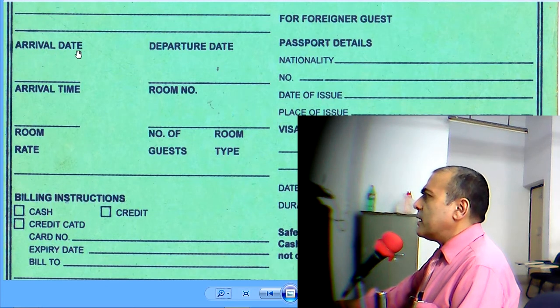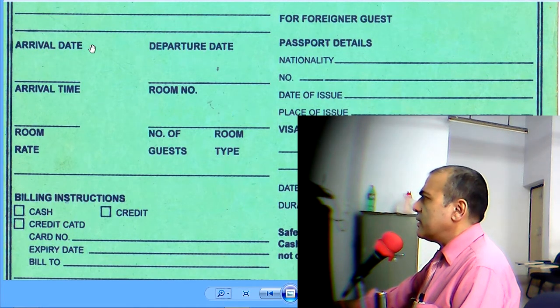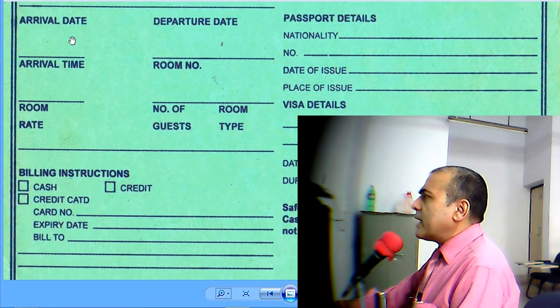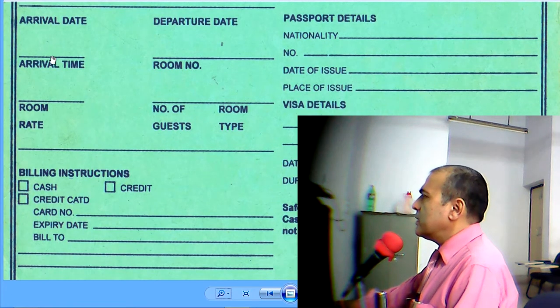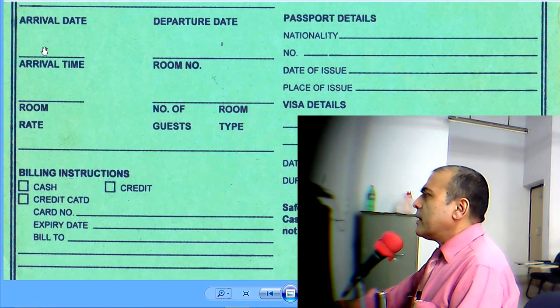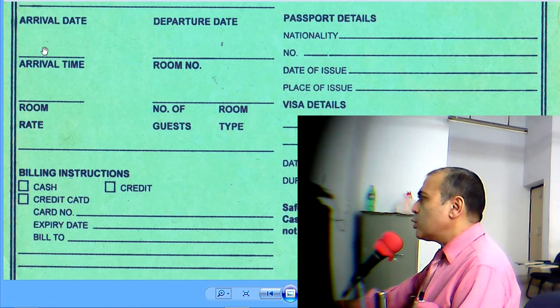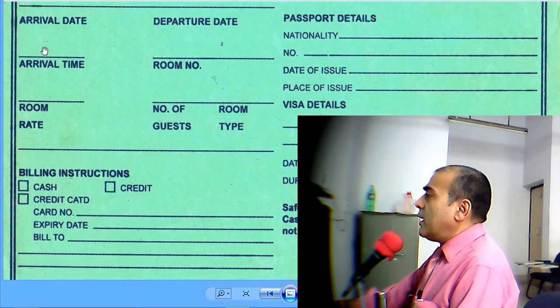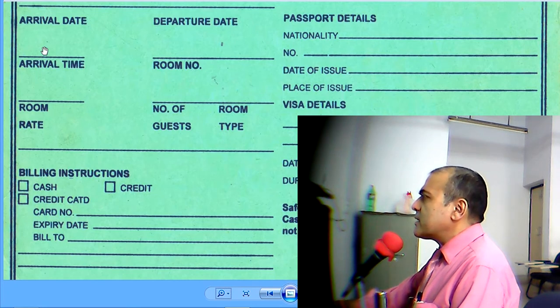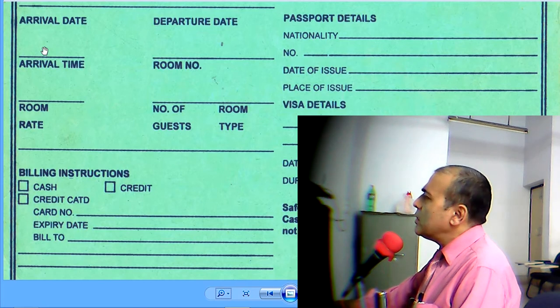Arrival date, departure date, I think we understand. Arrival time, we already have discussed in the video on reservation. Sometimes if the guest comes too early, it is possible the rooms are not available. And there is another situation if the guest comes after 6 p.m. and he has not paid in advance, then the hotel is likely to release his or her room to a walk-in guest.